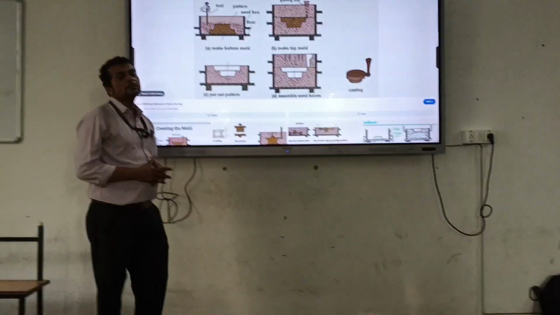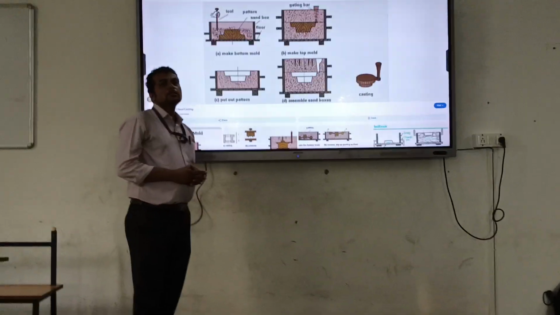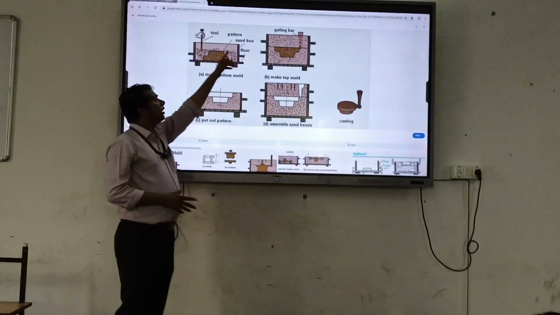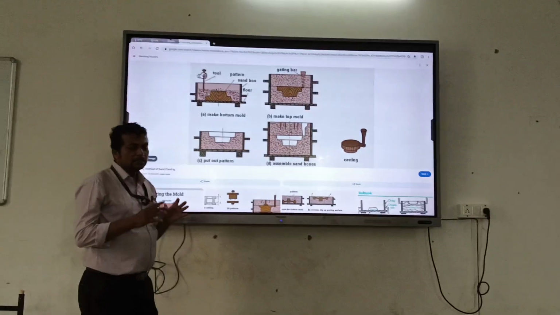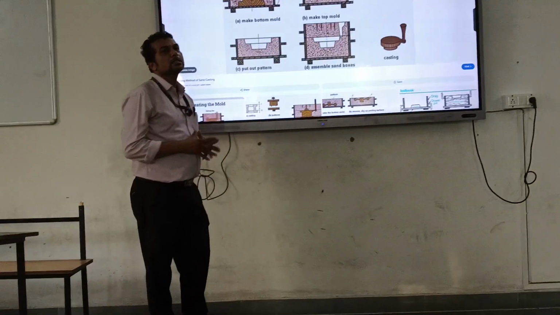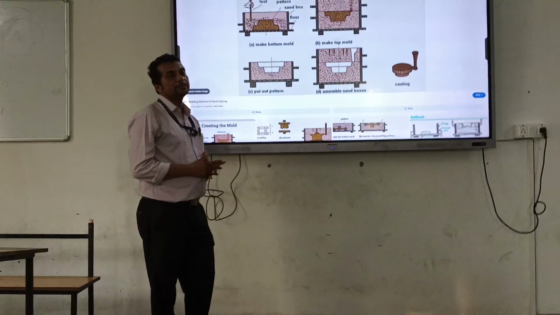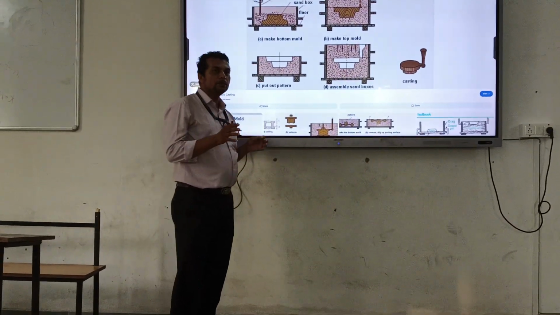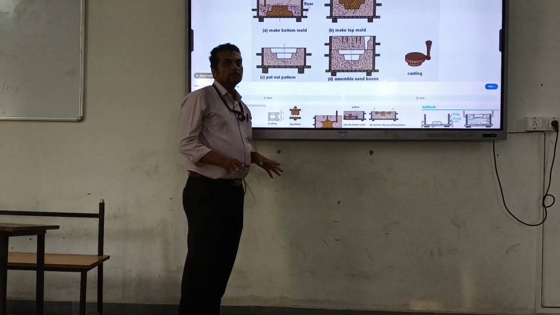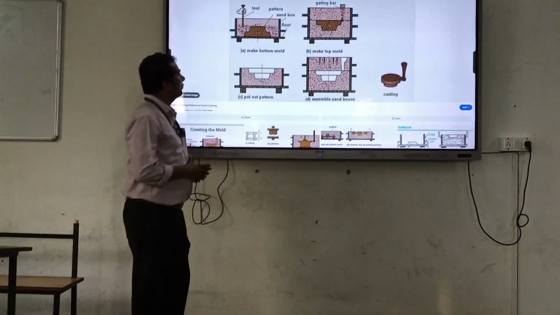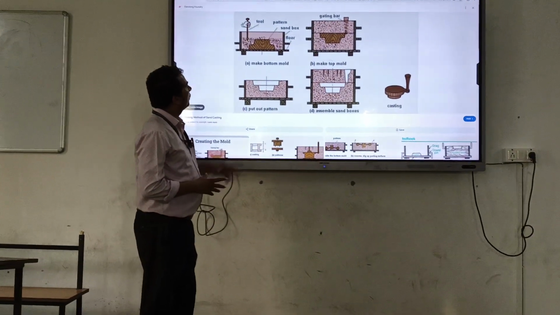After properly ramming, we will get the exact required sand mold. Otherwise, the sand mold and contents will collapse. This is the first step, make bottom mold.